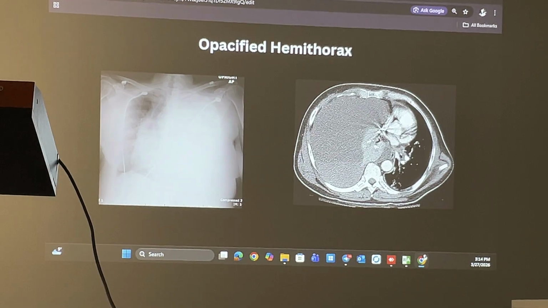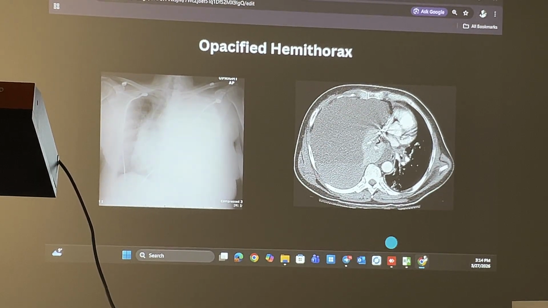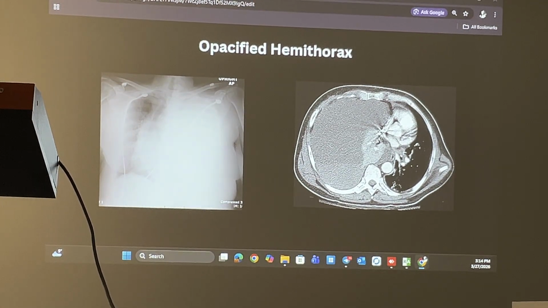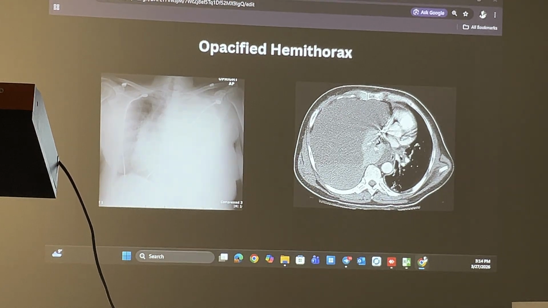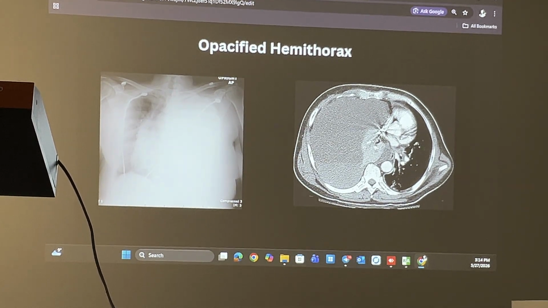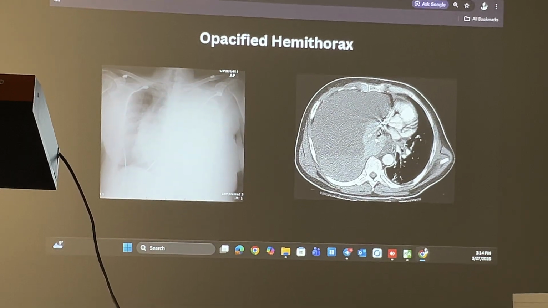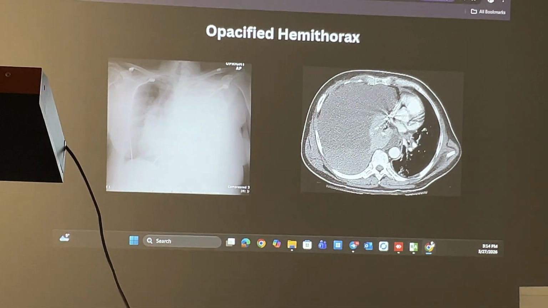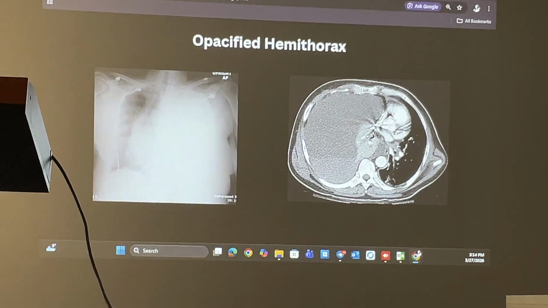So here we have the left hemithorax, which is completely opacified, and there is a shift of the mobile mediastinal structures, such as the trachea and the heart, away from the site of the effusion. What can you see on the CT image? Which window is it? Again, lung window.